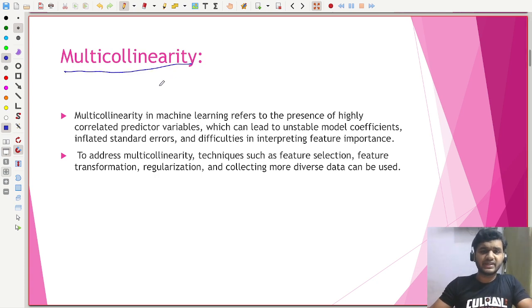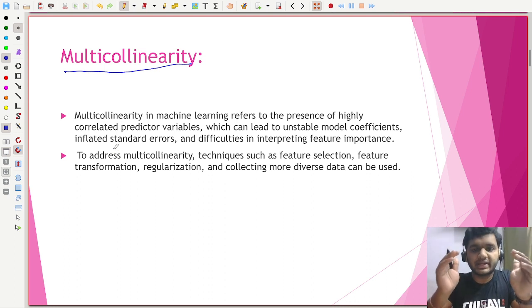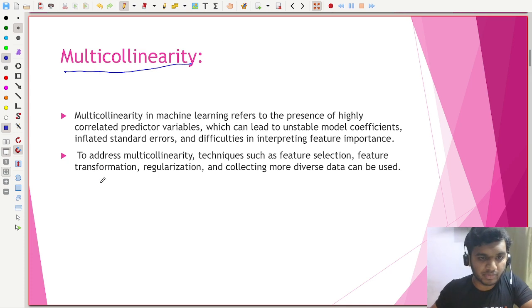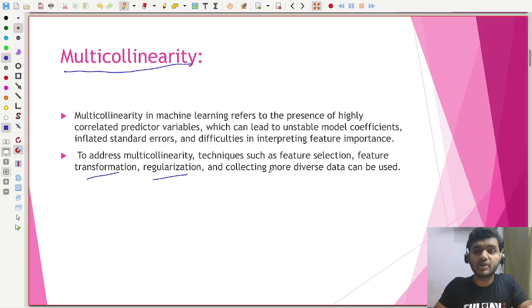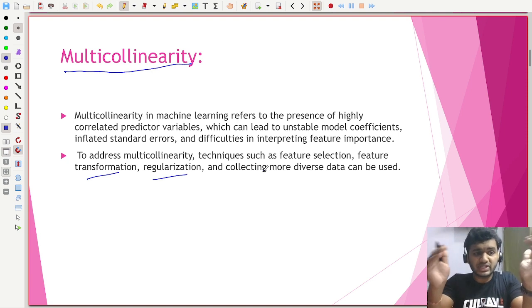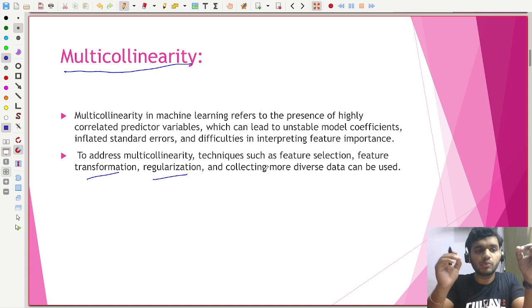In machine learning, it is used for feature selection: which feature is important for training? To address multicollinearity, techniques such as feature selection, feature transformation, regularization, and collecting more diverse data can be used. So it is important to mitigate multicollinearity to improve model performance and interpretability.